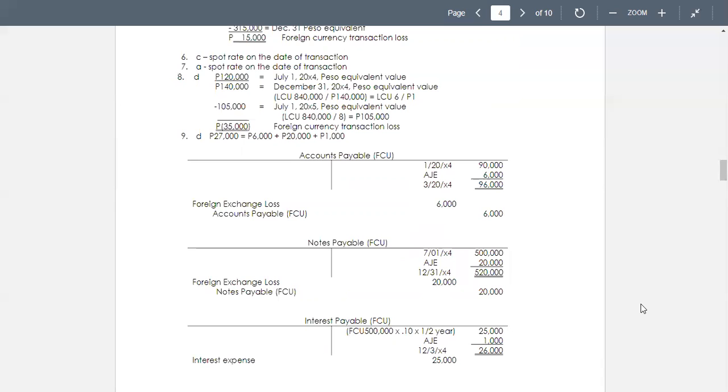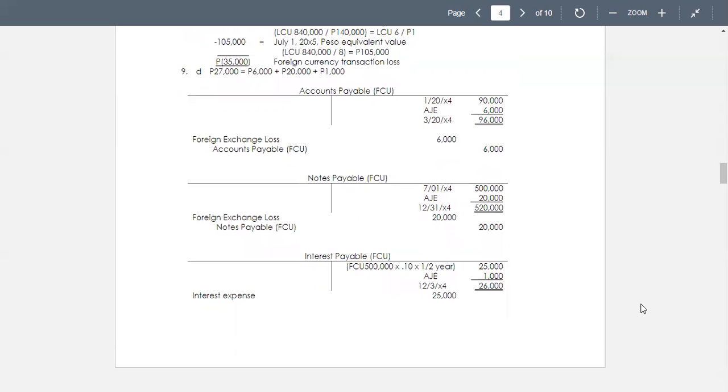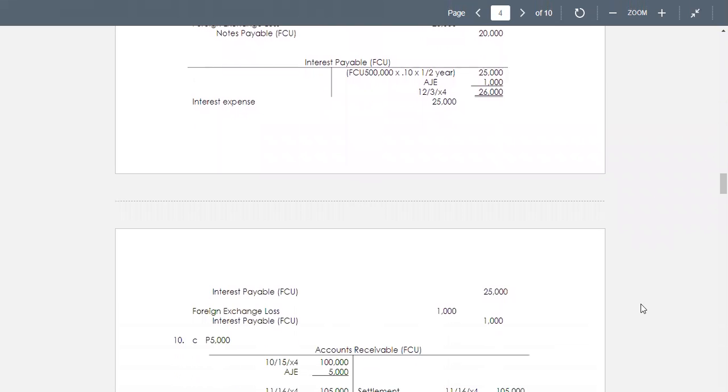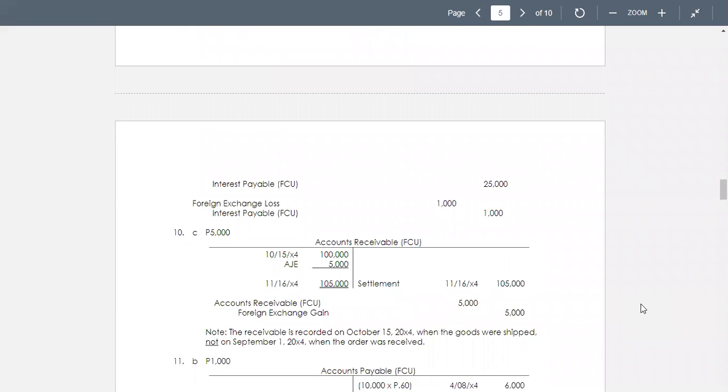For the interest payable, net of 26,000 deducted, that will give you the amount of 25,000. So we have an interest expense equal to 1,000. So we have now in our entry a debit or credit to interest payable for 1,000.